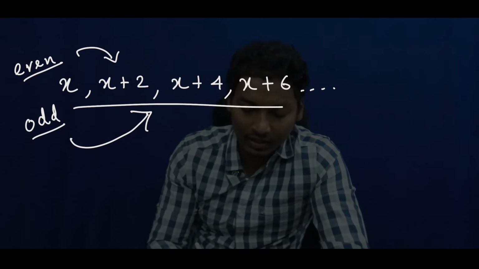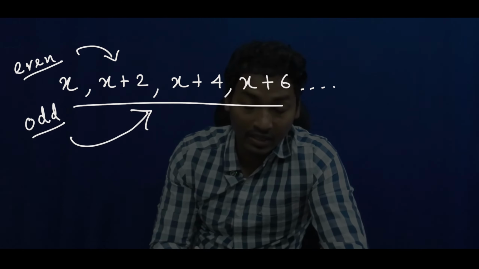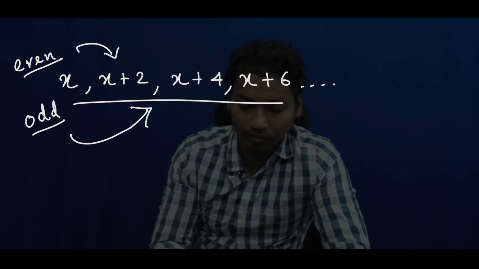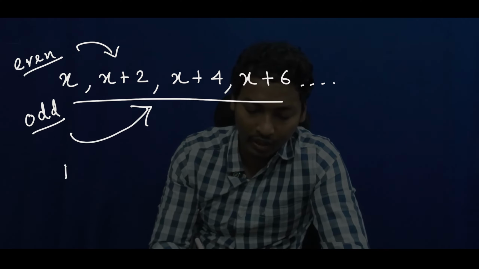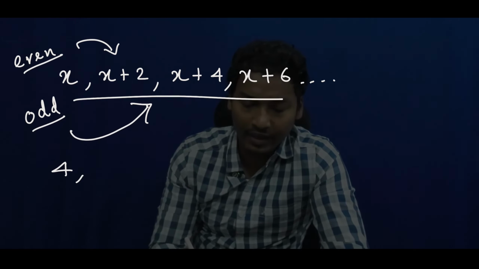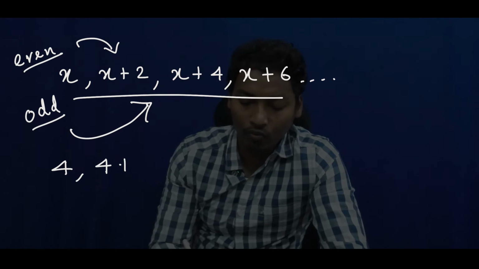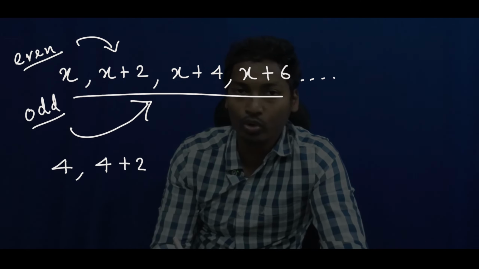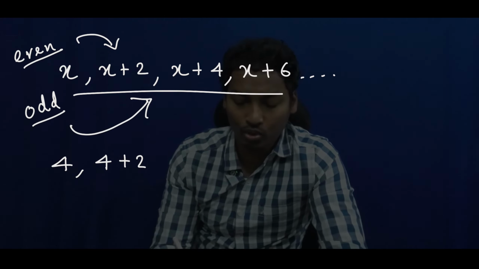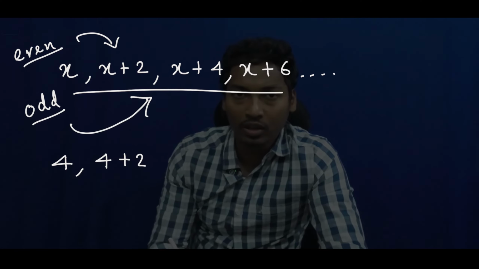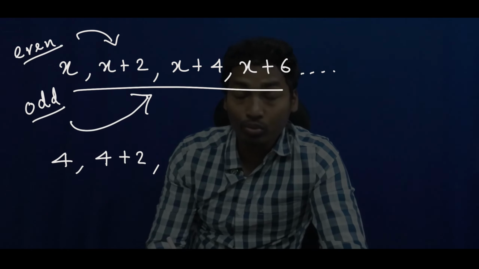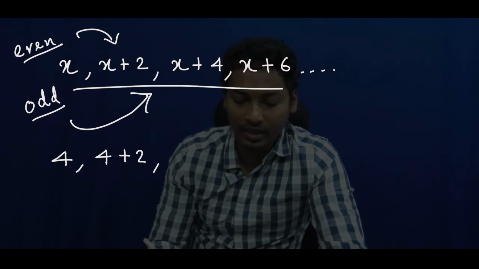So let's take an example. Let's say the first even number that we are taking is 4. In order to get the next number after 4, what can we do to 4? Obviously 4 plus 2. We are not going to do 4 plus 1 because 4 plus 1 is 5. So it will be 4 plus 2, which means 6. Now similarly, what are we going to do to get the third consecutive even number?